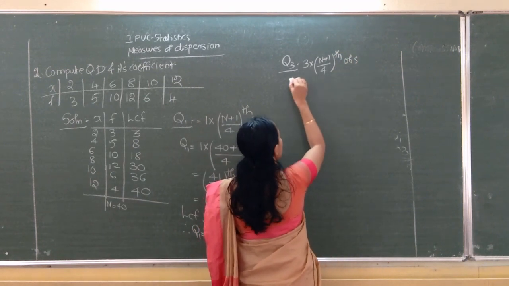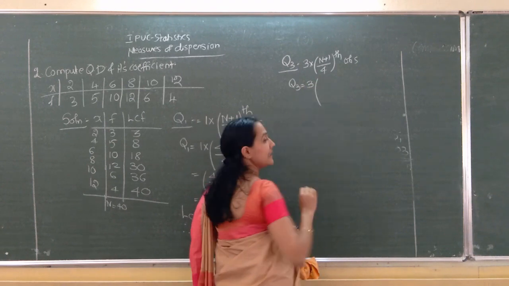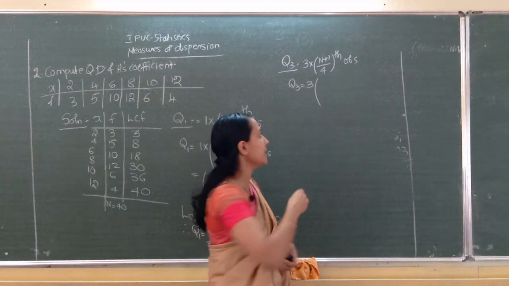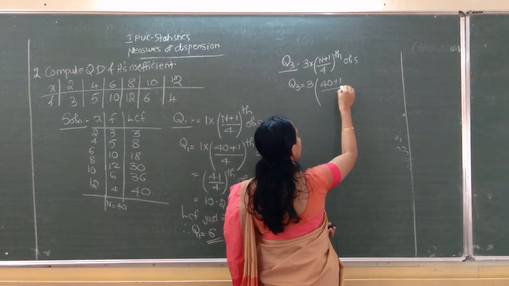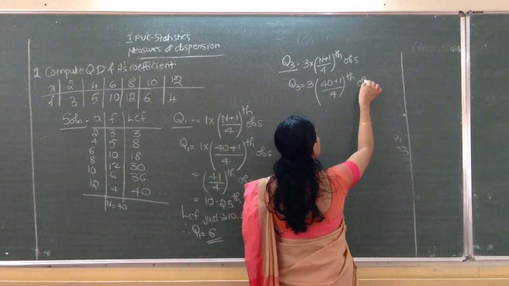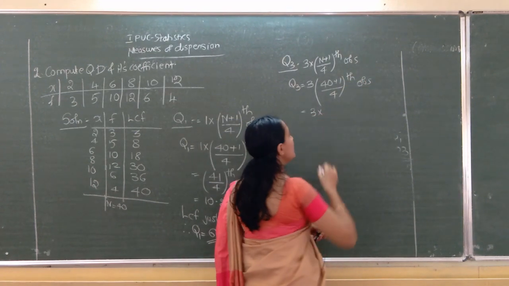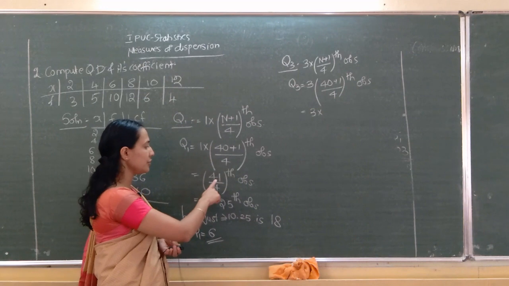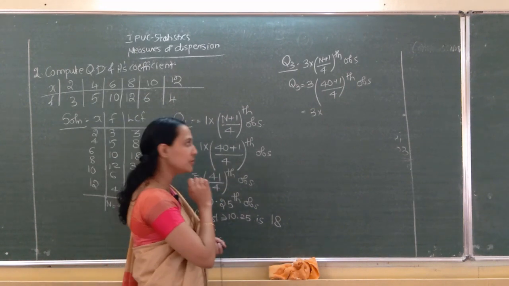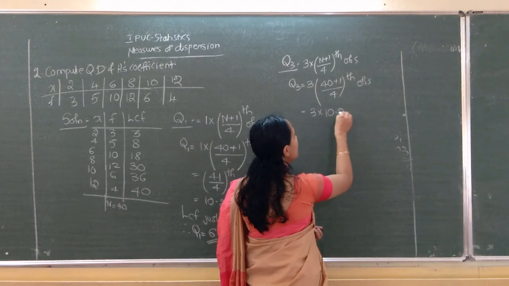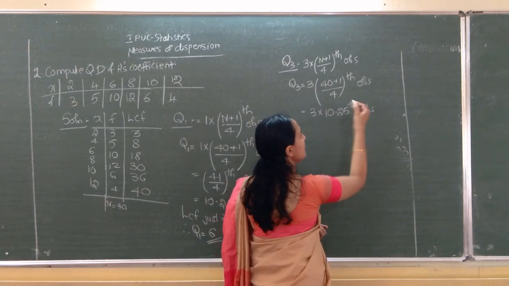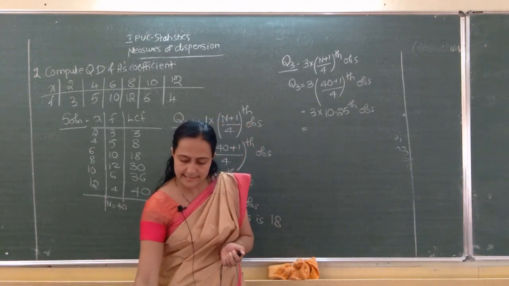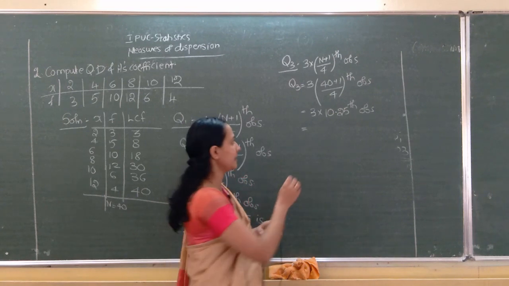Capital N, the total frequency, is 40. 40 plus 1 is 41, and 41 divided by 4 is 10.25. So, 3 into 10.25th observation is 30.75.